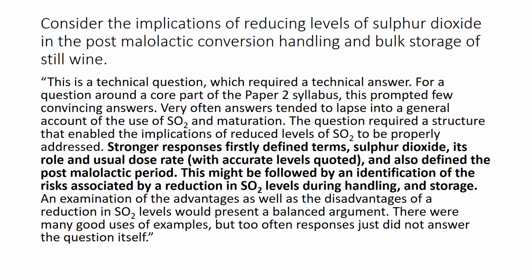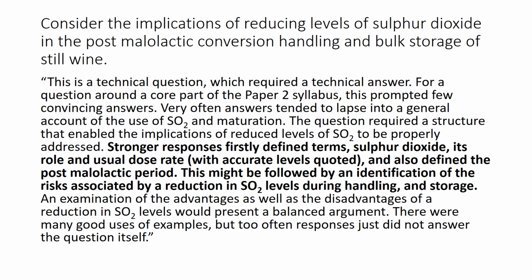Oh, burn. Very often answers tended to lapse into a general account of the use of SO2 in maturation. The question required a structure that enabled the implications of reduced levels of SO2 to be properly addressed. Stronger responses firstly defined terms, sulfur dioxide, its role, and usual dose rate with accurate levels quoted. So get familiar with those milligram per liter numbers that I had earlier.